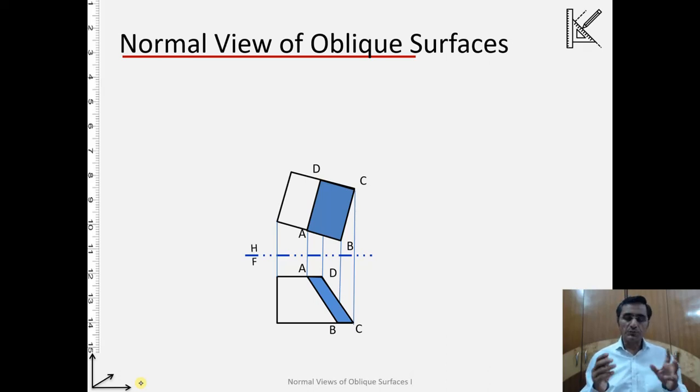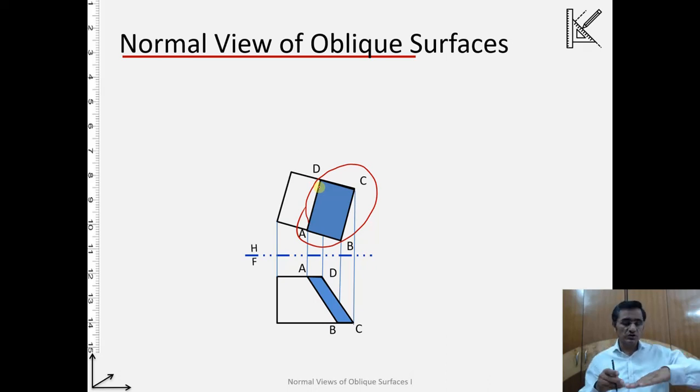If, out of the given plane, say this oblique plane ABCD, there is any line lying on the surface of the oblique plane whose true length projection we also know. If not, we will create it on an auxiliary plane.